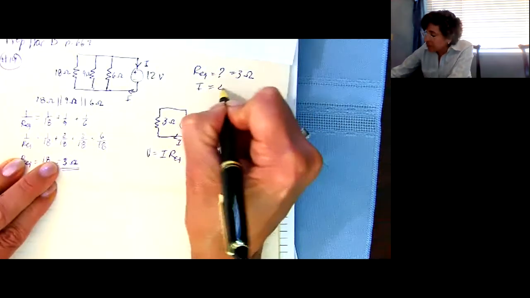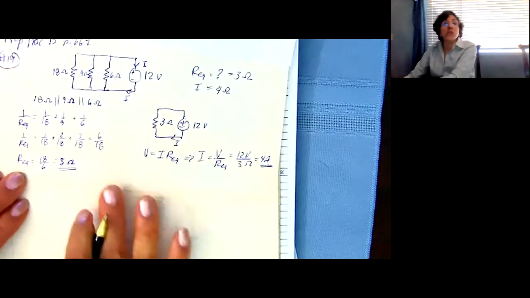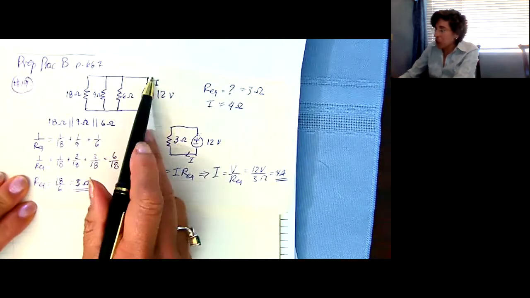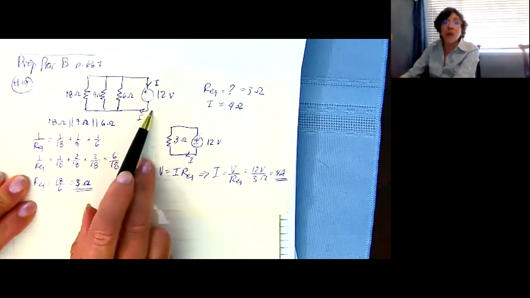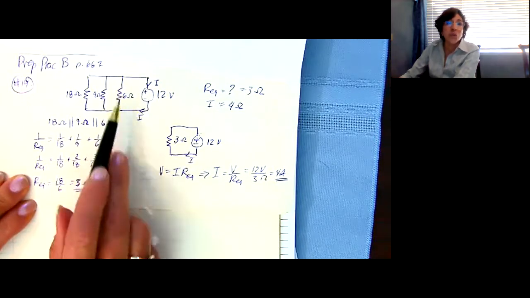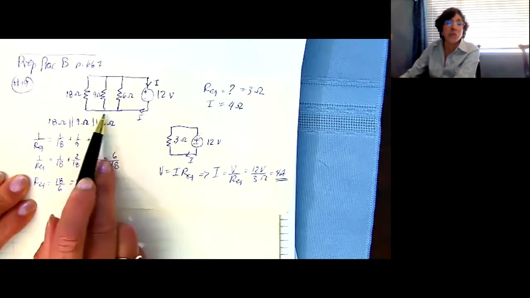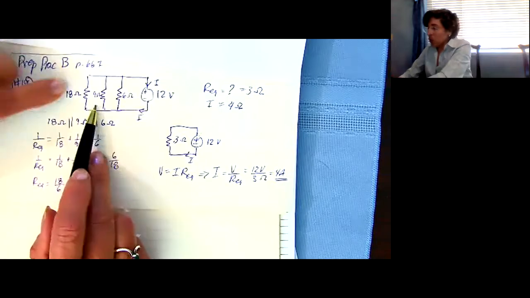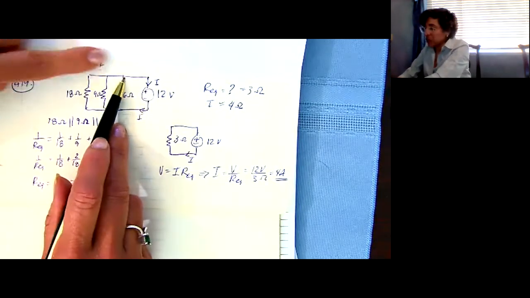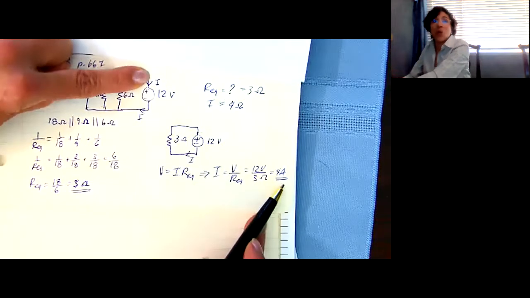All right, one of the things you're going to learn about later, I'll just briefly touch on, is that now that you know 4 amps are coming from the power supply, you can figure out how much current goes to the 6 ohms, how much goes to the 9 ohms, and how much goes to the 18 ohms. When they come together again, the currents add up, and it will be 4 amps.